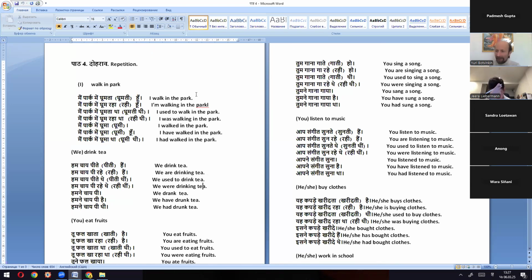In all the tenses we can use. Like, for example, with pronoun मैं, we say मैं पार्क में घूमता हूँ or पार्क में घूमती हूँ, right? This is present simple.